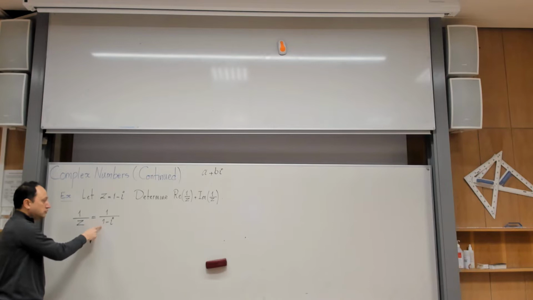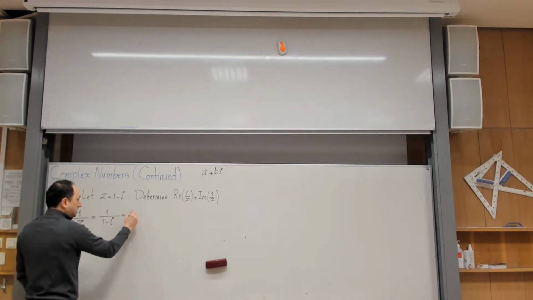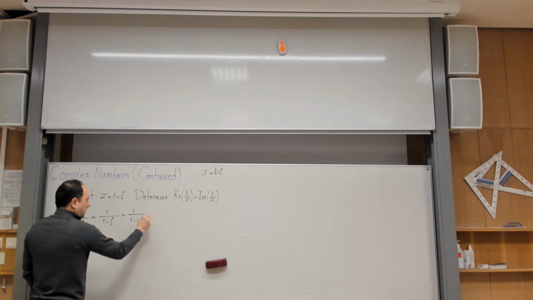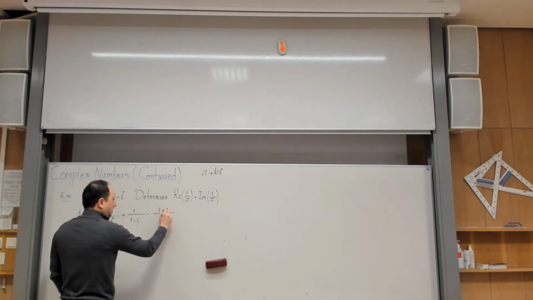So if you want to write the division of two complex numbers in the standard form, you have to rescale the fraction by a complex number that makes the conjugate pattern with the denominator. So then it becomes 1 plus I multiplied by this.